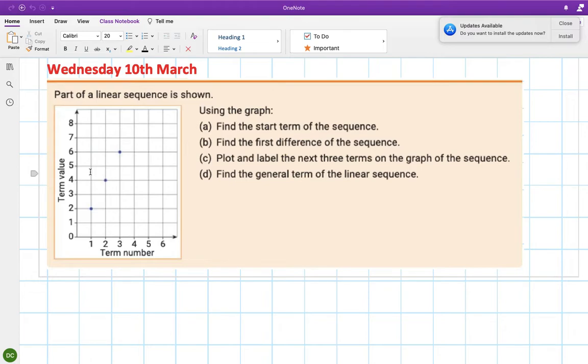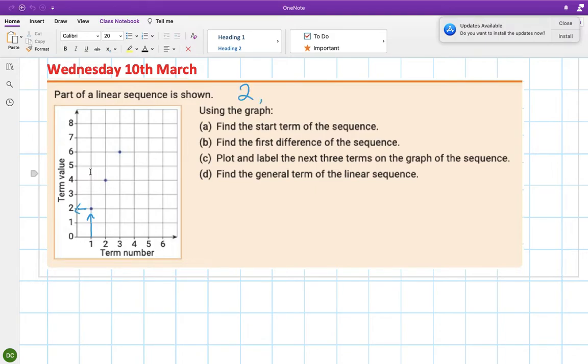Okay, so the first thing I'm going to do is I'm just going to write down the sequence. So the first term of the sequence I can see here. Sorry, it's a very crooked arrow. The first term of the sequence is represented by that dot there, and that dot is in line with 2.